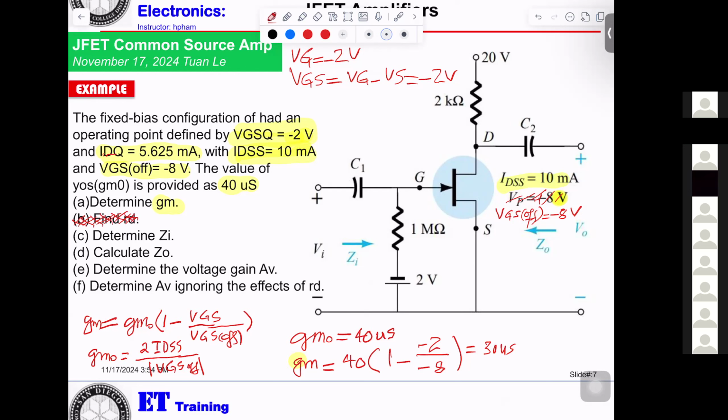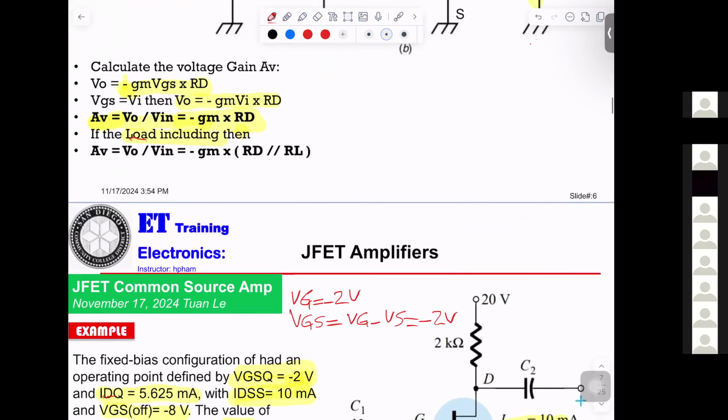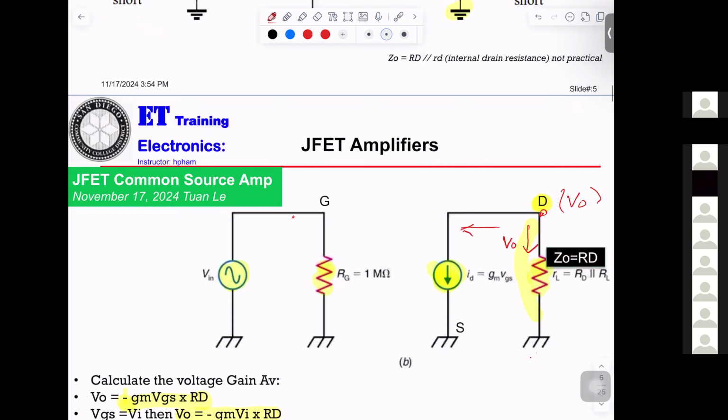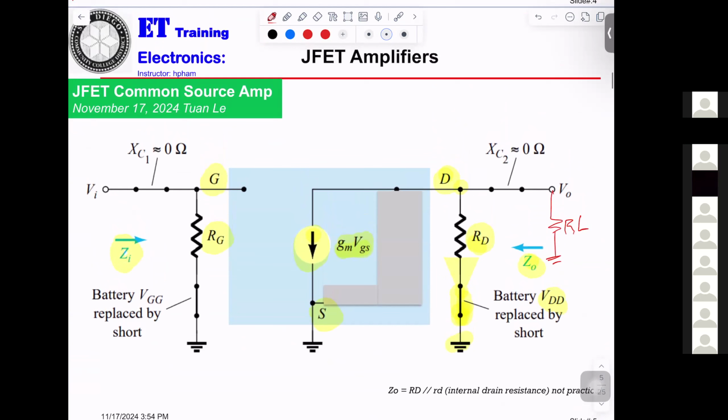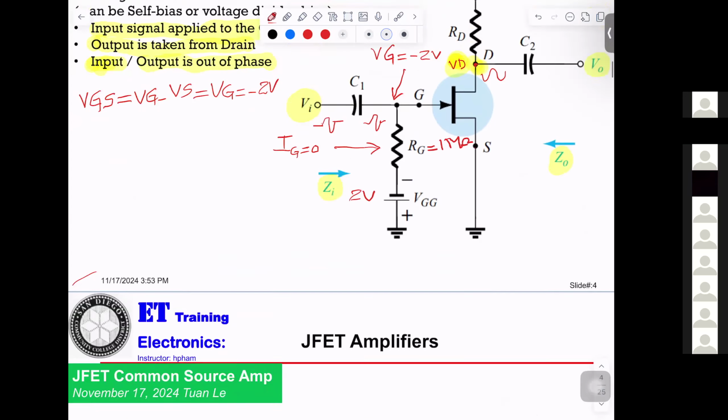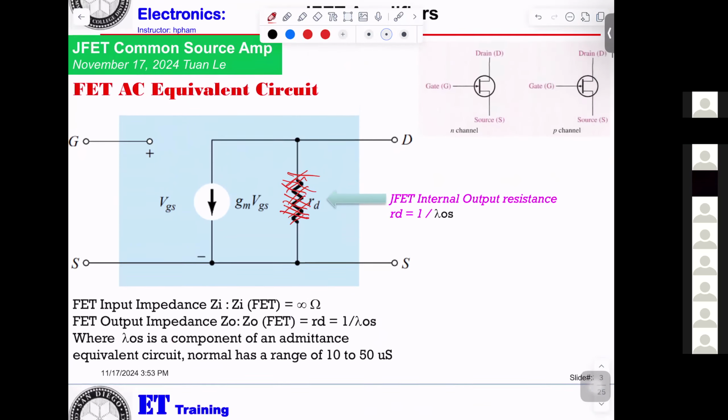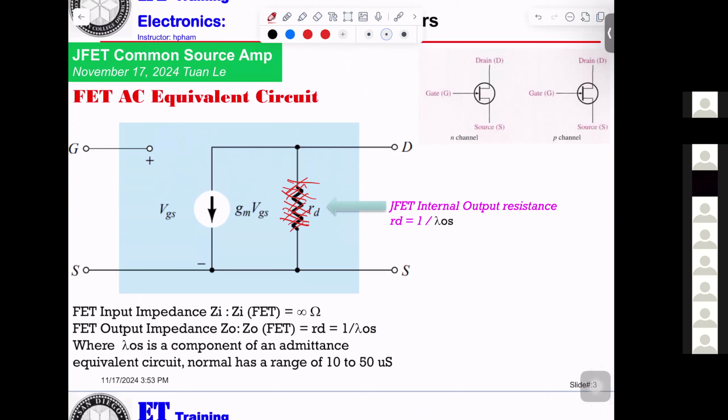Where would rd be on the schematic? It's internal, inside the JFET.